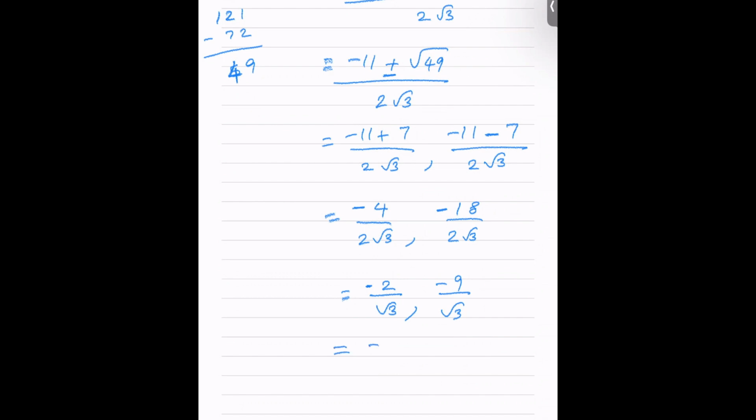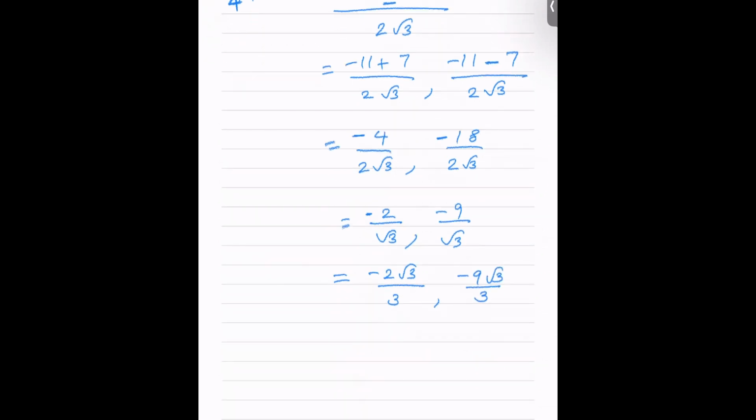So you get minus 2 root 3 by 3, comma, minus 9 root 3 by 3. So this gives me minus 2 root 3 by 3 as one answer. Another one is minus 3 root 3. So these are the two different values of x.